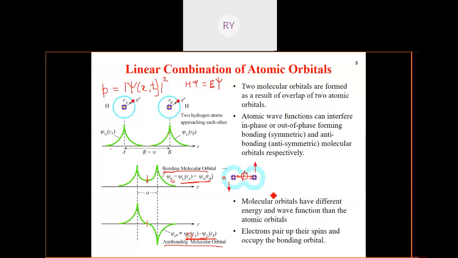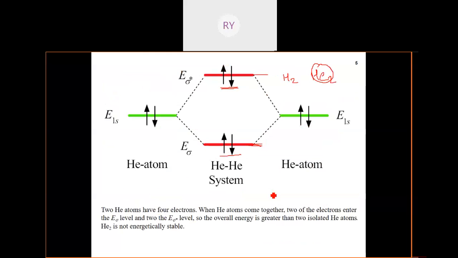In the case of helium, I know helium is not possible, but they are showing two electrons in bonding and two electrons in anti-bonding. So is it that one electron cloud is coming towards the other, and another electron cloud is moving away? Then only they can go to the anti-bonding. I'm just confirming that in phase and out of phase signify that the electron clouds are simultaneously coming together and going apart from each other.